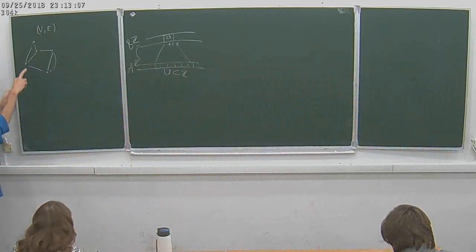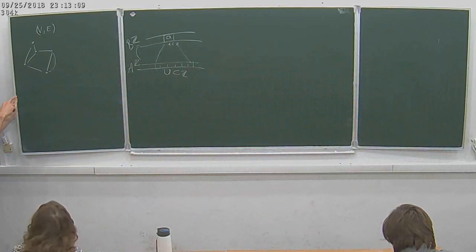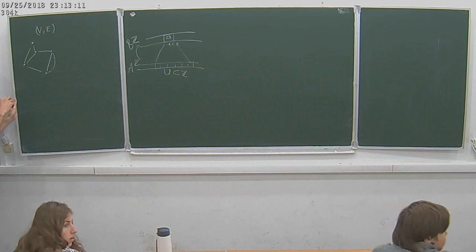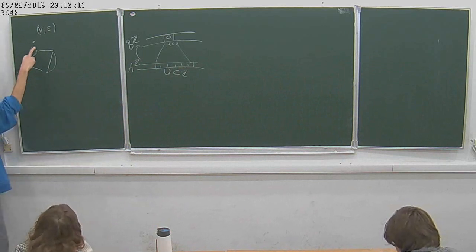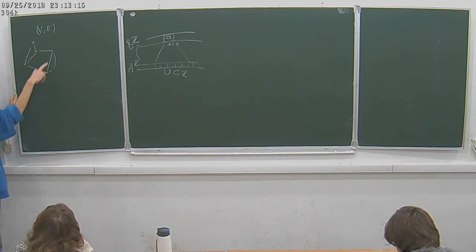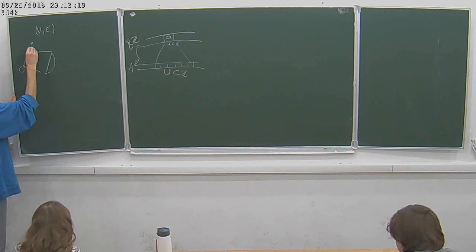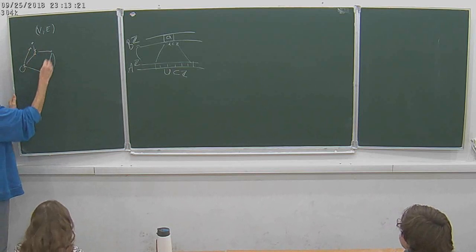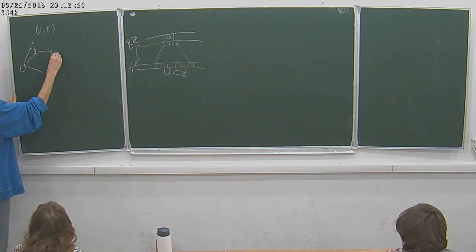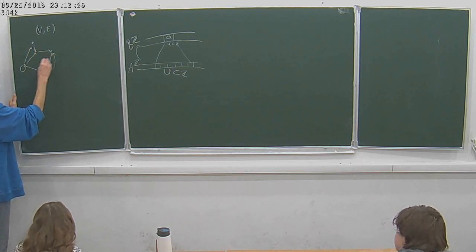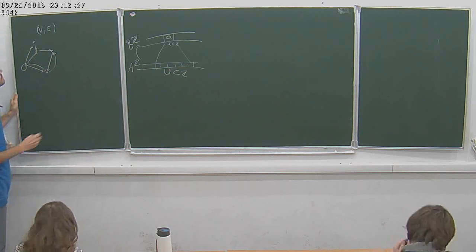So the graphs I'm interested in are finite, and I allow loops. They are directed. I allow loops and I allow multiple edges.